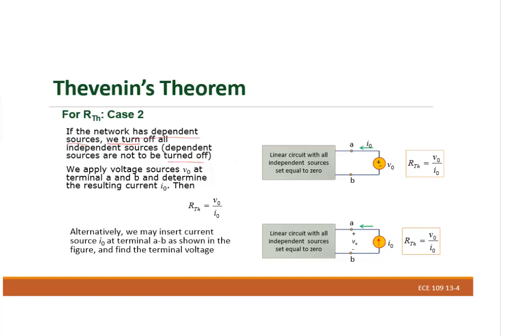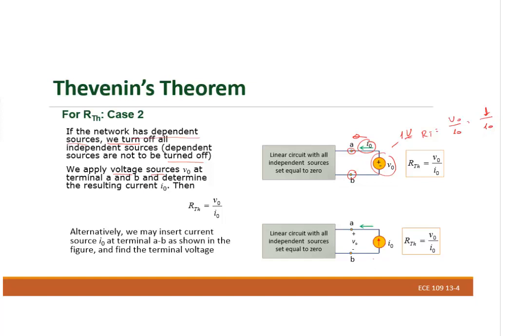Then we're gonna apply a known voltage source V0 between A and B. Usually we can apply a 1 volt source. Then we find the current I0 going into the circuit. Then RTH will be equal to V0 divided by I0, or 1 volt divided by I0.